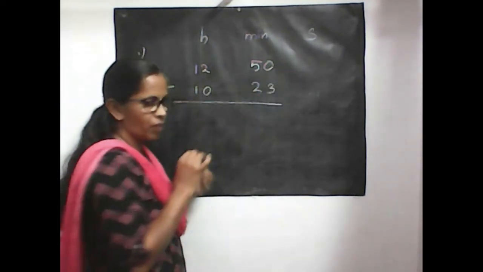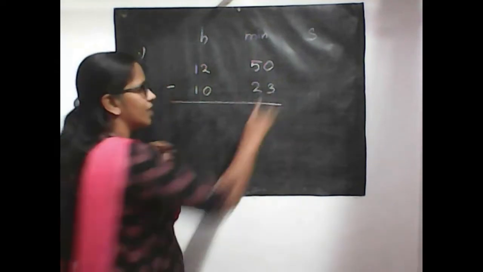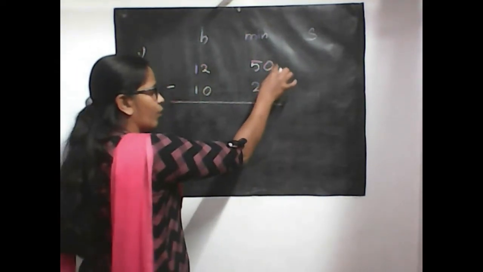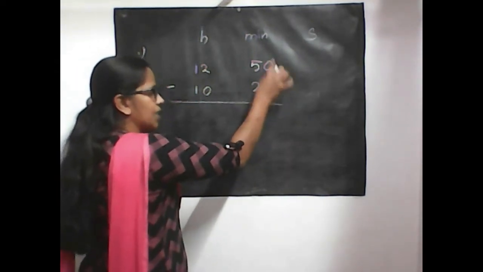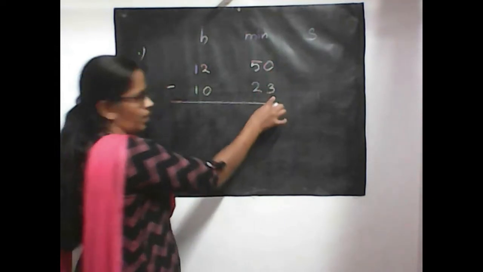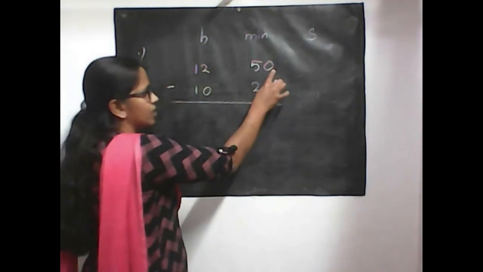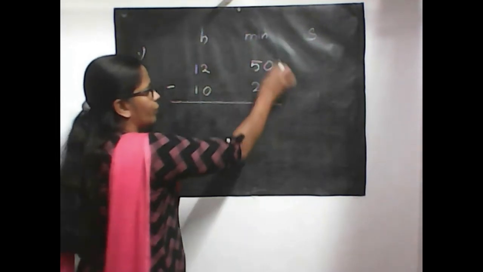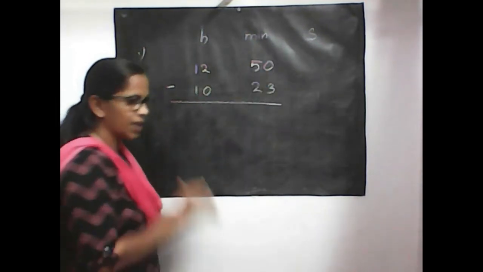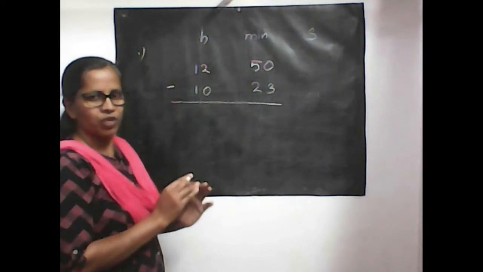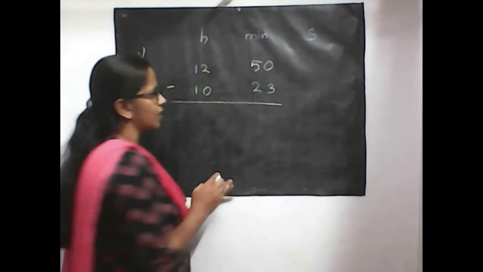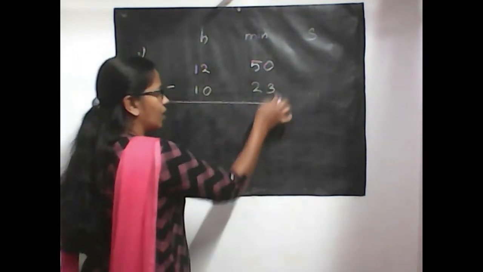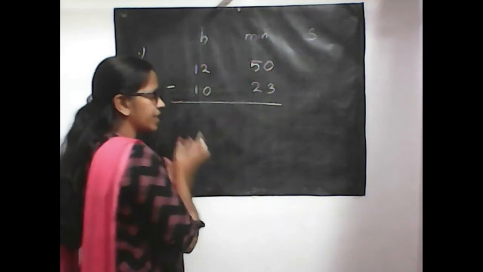Okay, as usual do the subtraction. Always while doing subtraction you should be very careful. As always the number from which we are subtracting should be greater than this number. Here we can consider minutes together. 50 minutes. From 50 minutes you are going to subtract 23 minutes. You have to consider it as it is.